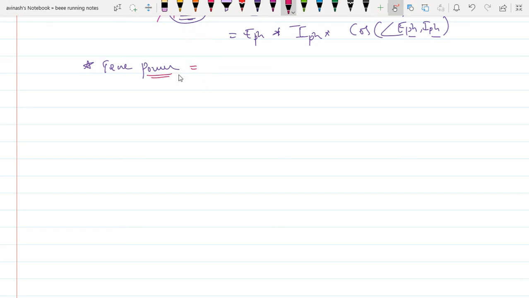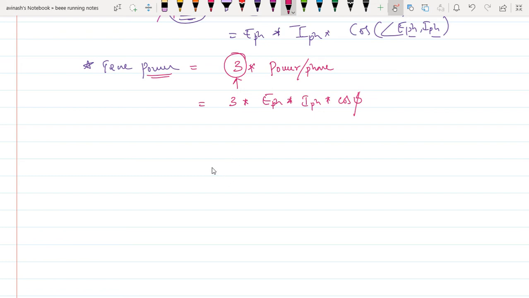If you want to find the true power, then it is multiplied by 3, because we have 3 phases, so the multiplying factor will be 3 into power per phase. Hope you understand this point. That is nothing but 3 into E phase into I phase into cos phi. This is nothing but the true power.